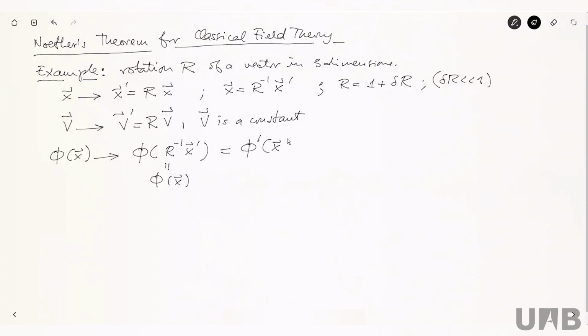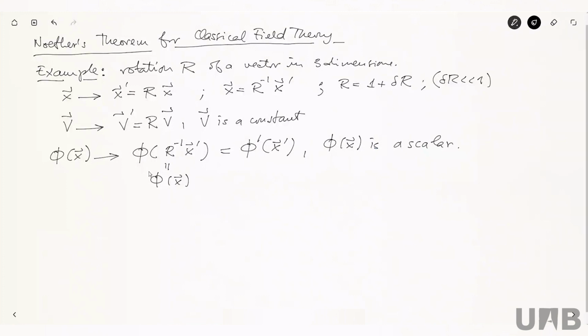So this function now is different as a function of x prime relative to what it was as a function of x. So this is how a function phi of x transforms. And we say phi of x is a scalar. Okay, so that's how a scalar function transforms.